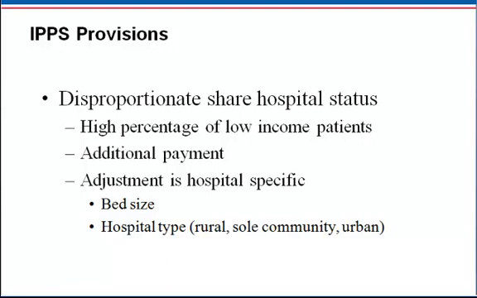If a large urban hospital is able to demonstrate that more than 30% of their inpatient care revenue comes from state and local governments, then they may be granted the DSH status.